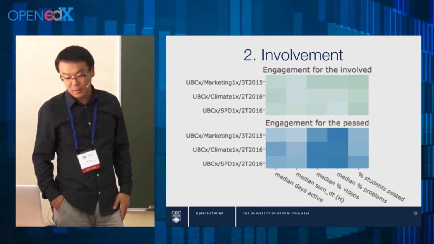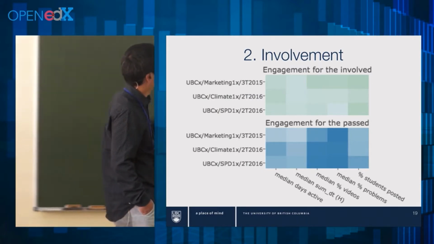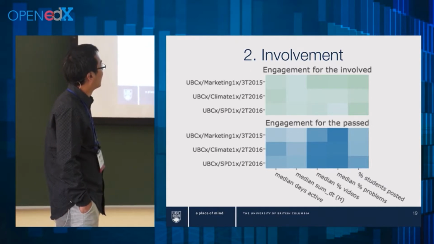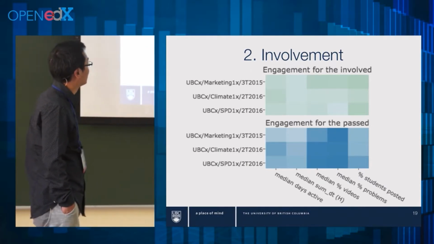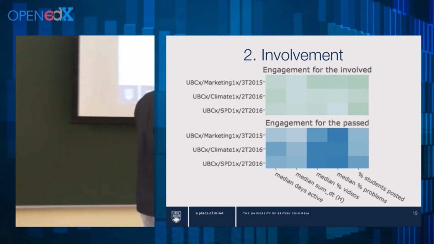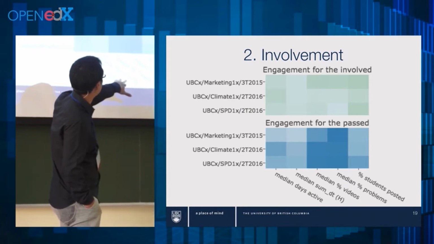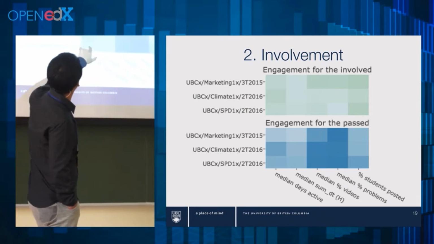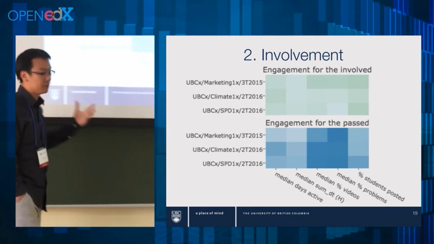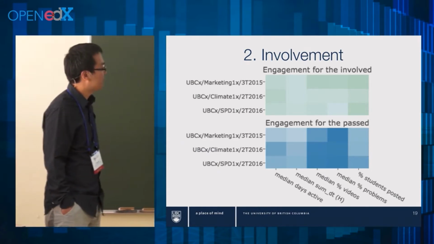If we look at the marketing course, the first one, it looks like the students have to do much less in order to pass, because the number of days and the time they spend are lighter. It means they don't need to spend more time in the course in order to pass.